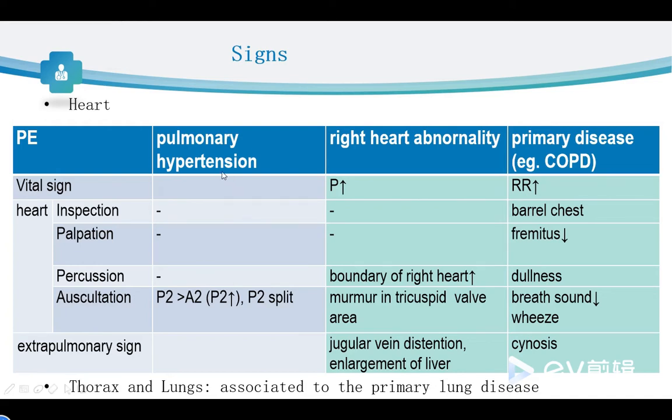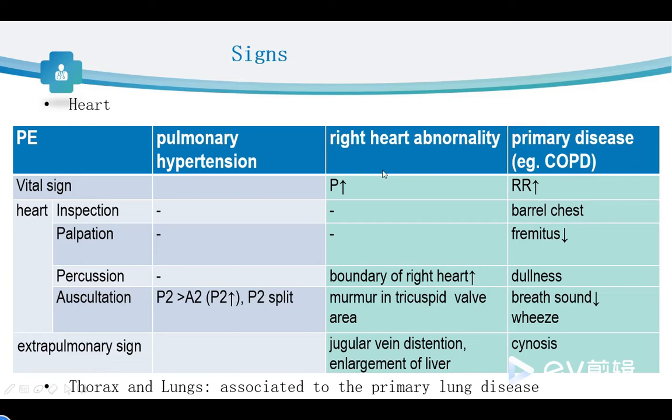For patients with pulmonary hypertension, we can find the second sound of the pulmonary valve area louder than the second sound of the aortic valve area. That is the increased sound 2 of the pulmonary valve area, or pulmonary split, during auscultation of the heart.